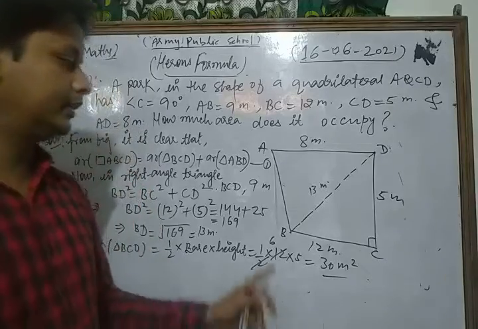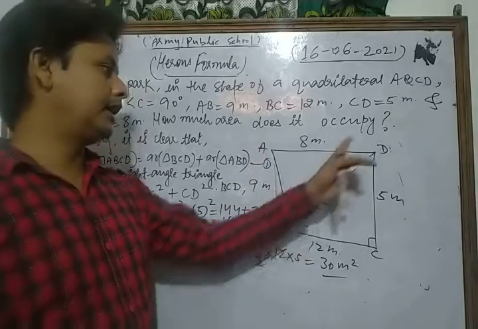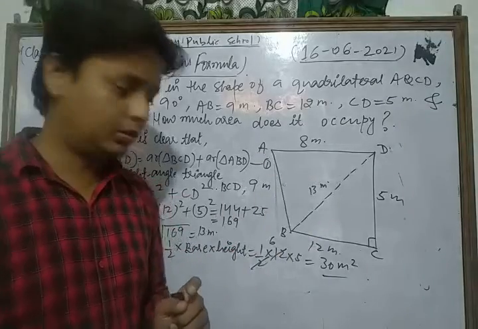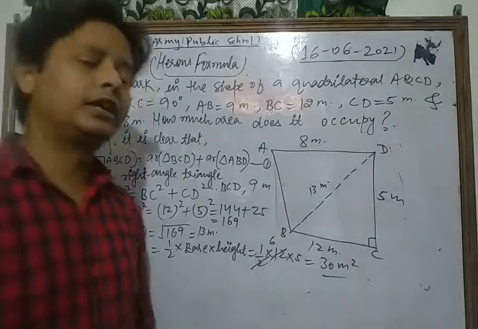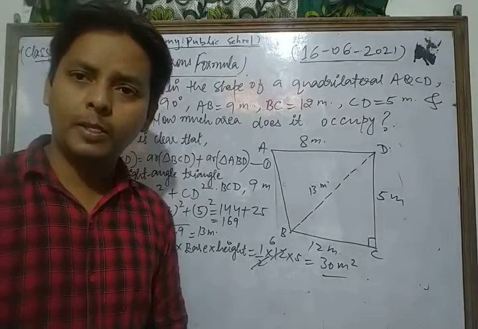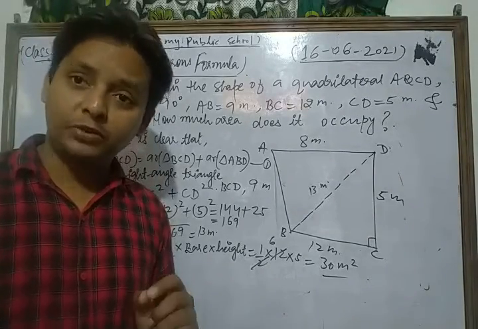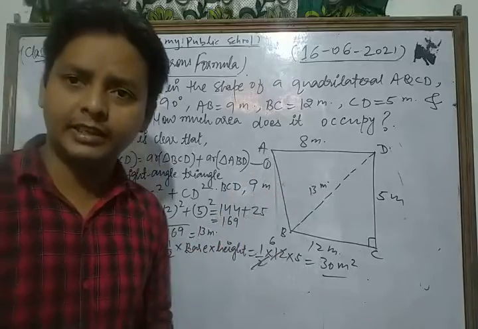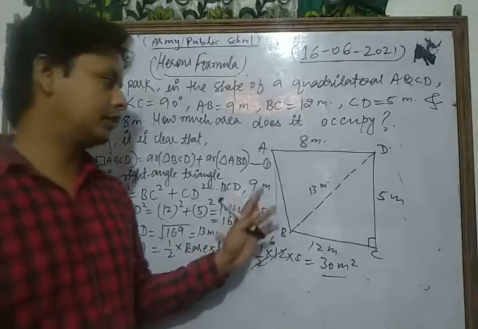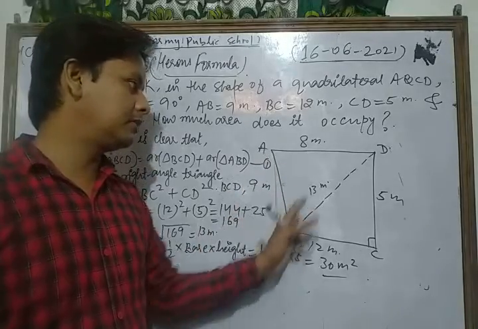Now we find the area of triangle ABD. By using which formula? By using Heron's formula, because in triangle ABD, this is not a right angle triangle. We just have the values of all its three sides AB, BD and AD.